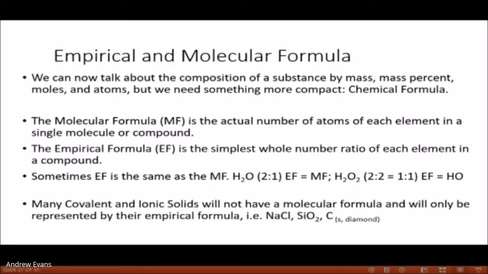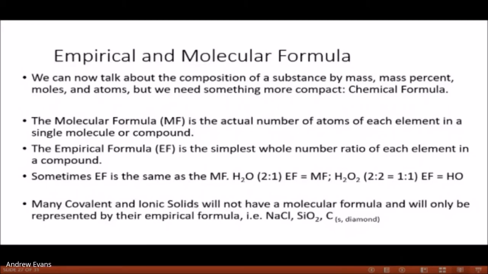One of the things we will look at is the empirical formula, which is the simplest whole number ratio of each element in a compound. Empirical means directly observable. When we burn things, we're not going to get that, oh, it's clearly 6 carbons, 12 hydrogens, 6 oxygens. We will get only the ratio of each element.